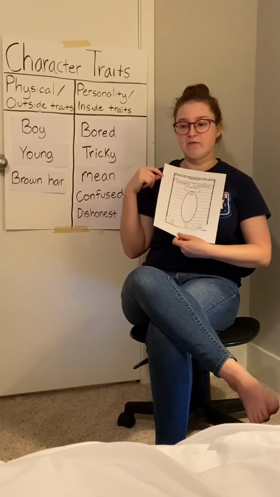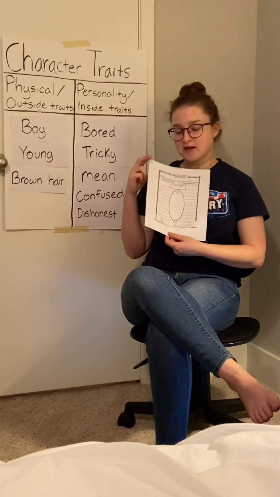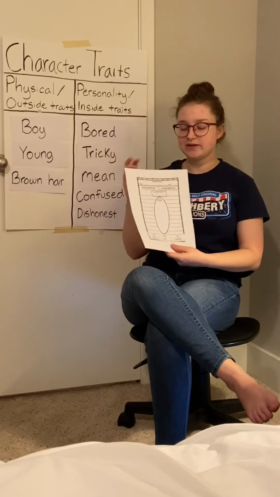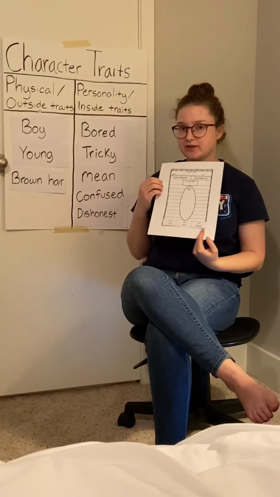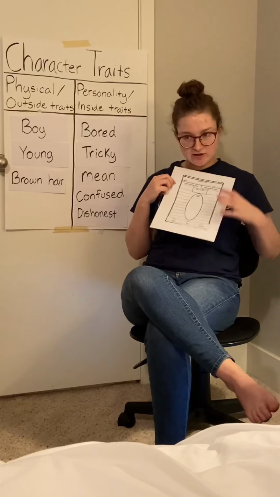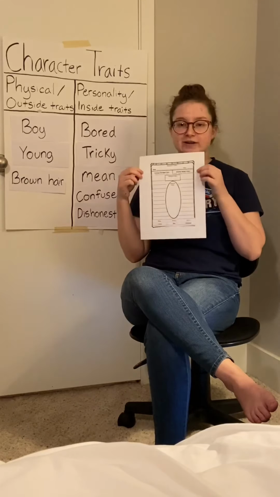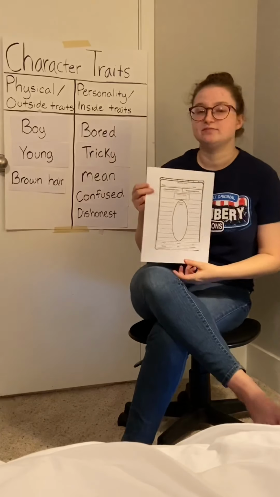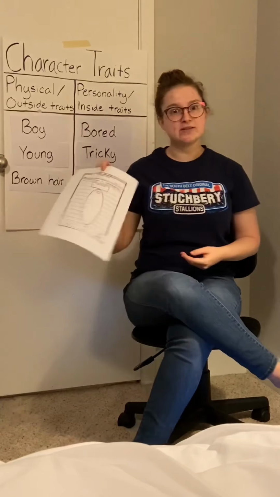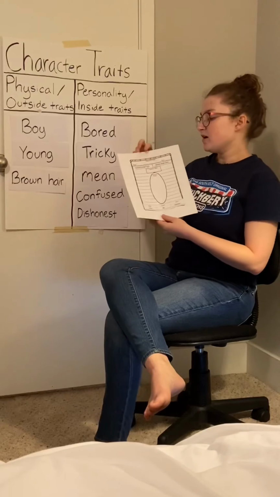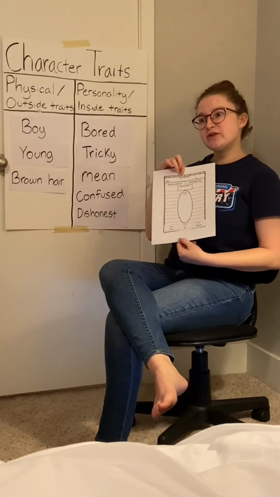So now I want our table helpers to come up and get the papers for your table. And you are also going to need a pencil for this. I'm going to do a couple examples for you to help you get started. So once everyone has their worksheet, I'm going to do a couple examples. Okay, what's the first thing you do when you get your paper?